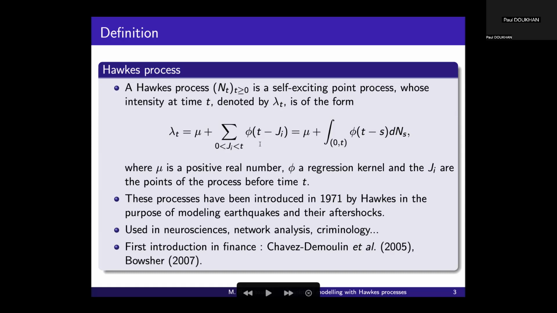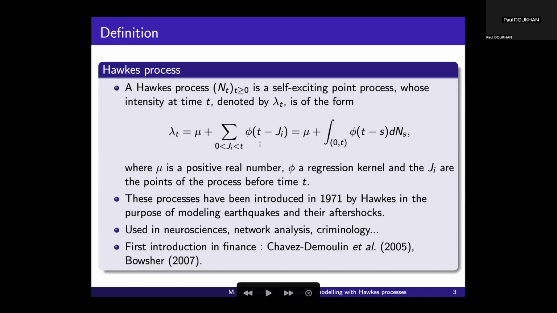So in this population, you have migrants coming. The migrants come into the population as a classical Poisson process with parameter mu. And the migrants, once they're in the population, have children. The children of the migrants come into the population as a non-homogeneous Poisson process with intensity function phi.